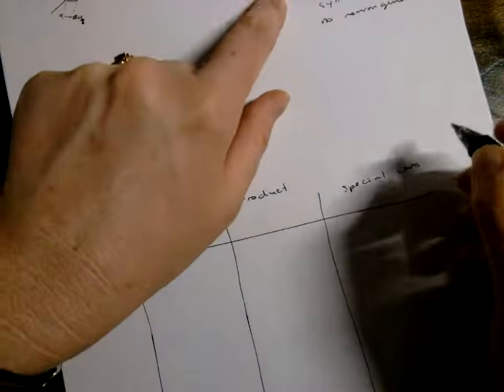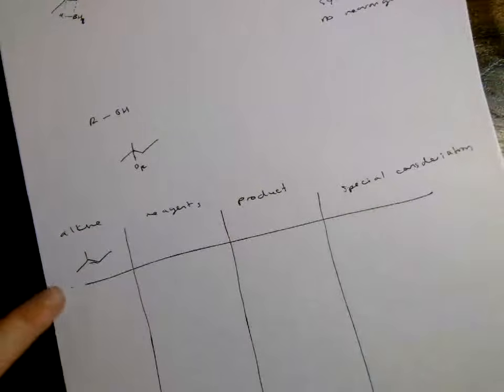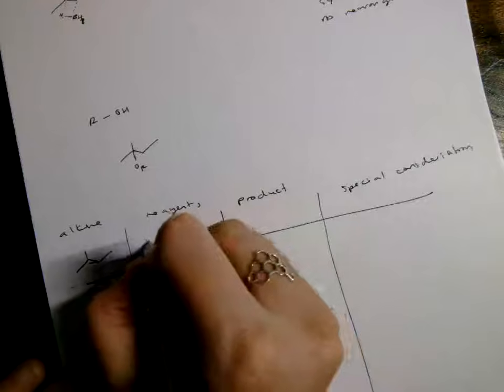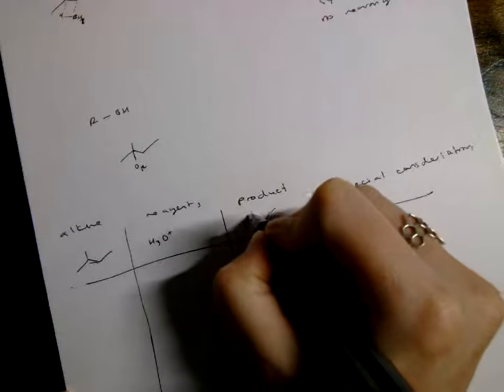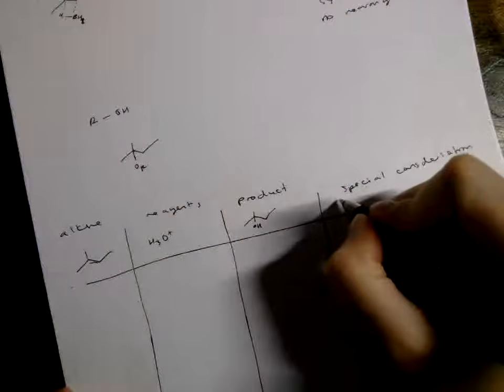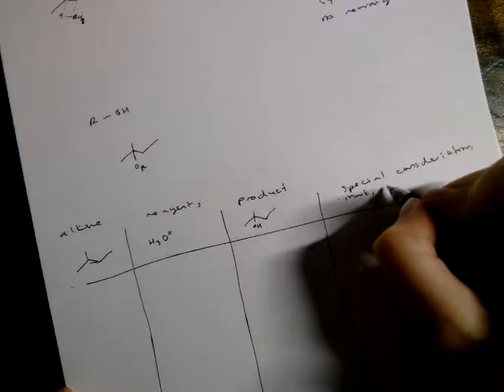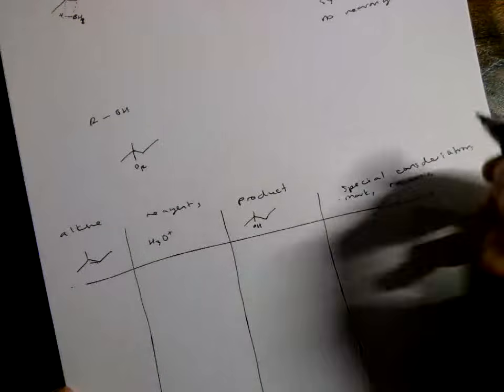So that would be like anti-Markovnikov, syn, or anti, that kind of thing. So for example, you could say alkene plus H3O plus, any kind of acid, will give an alcohol across the double bond. It adds Markovnikov, racemic mixture, and it will undergo rearrangement.